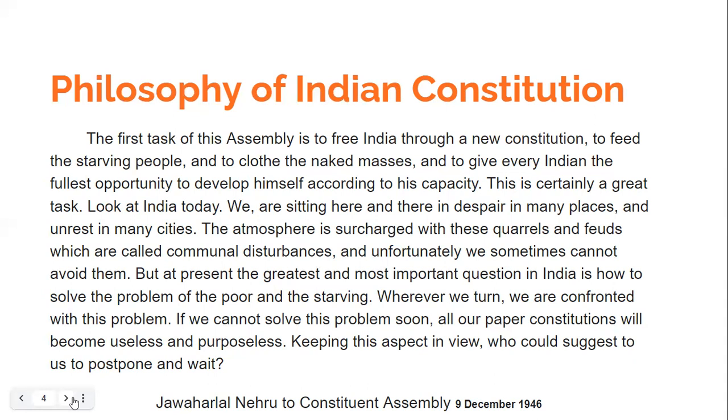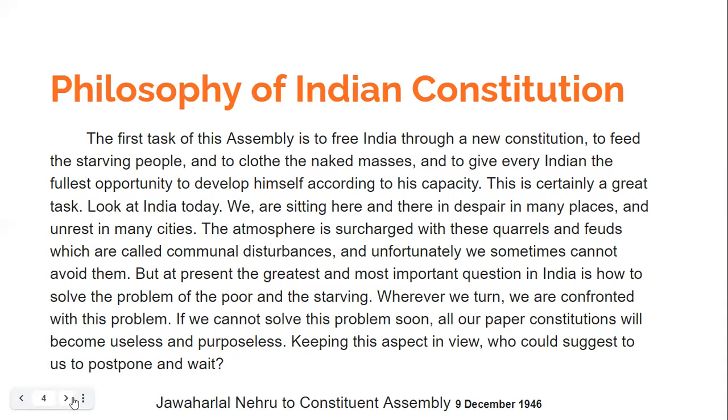And in 1946, he is saying, look at India today. That was the context when there was communal strife in India. There was a time when India was to be partitioned into India and Pakistan, and there was religious strife and communal disturbances, and he was speaking in that context.